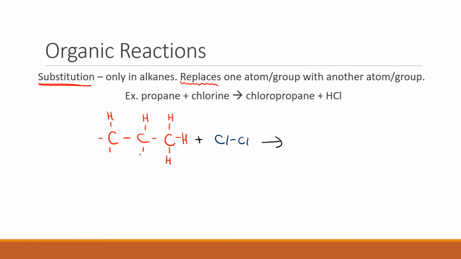If you go on to AP or college level chem, they'll talk about how you can tell which of the bunch is going to get replaced. But here all we're really focusing on, again, is definition and some common examples.